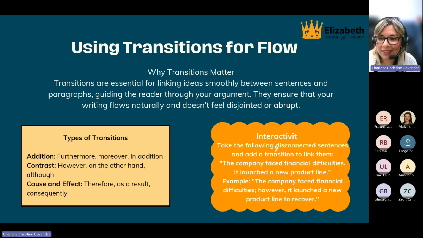What follows a topic sentence? Good examples. Perfect. So once we have good examples, how will we end that paragraph? There are two ways we can end that paragraph. Conclusion, perfect.